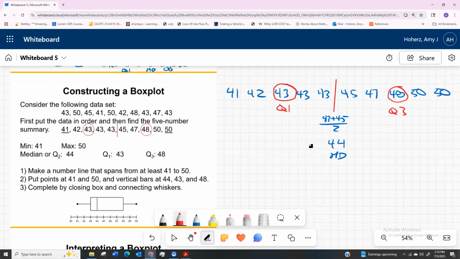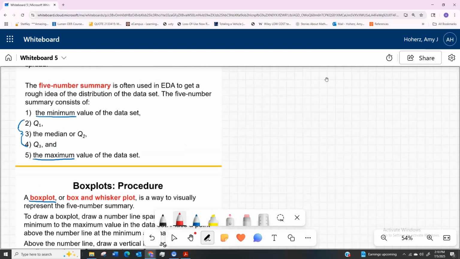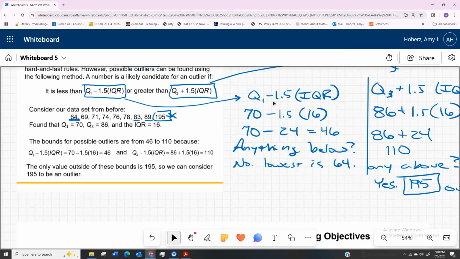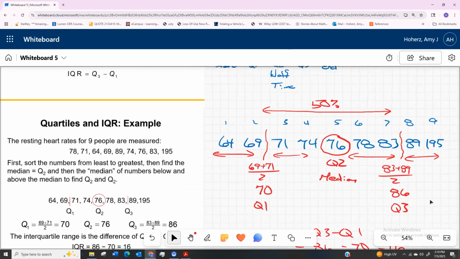Now you've noticed this is kind of opposite of what we did when we did our first quartiles. Before, our median was right in the middle, and so that one was just circled, and each half we had to average.